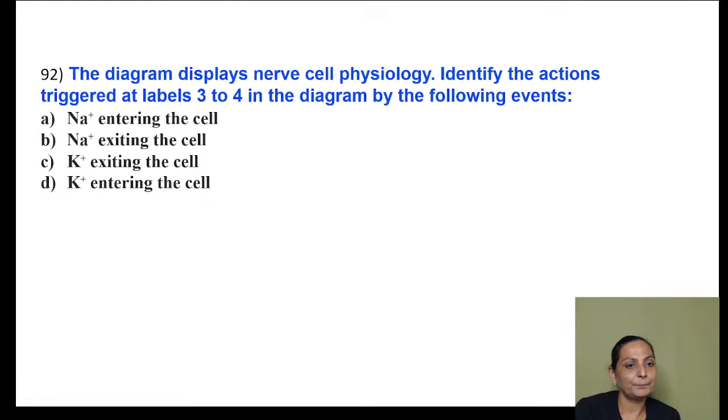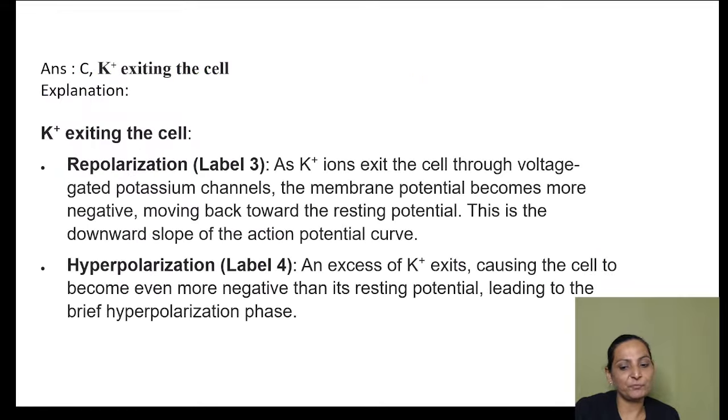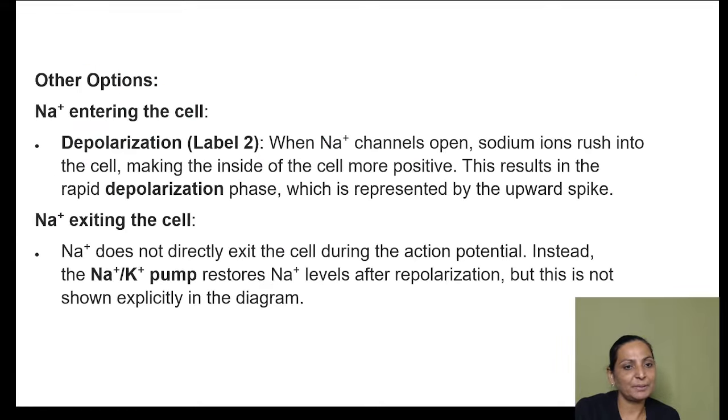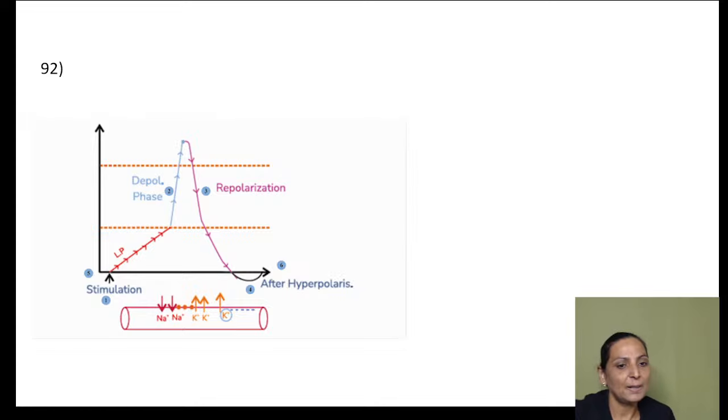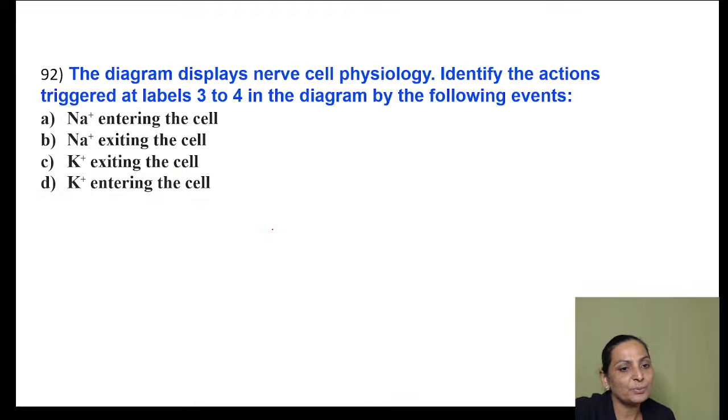Now, the diagram displays nerve cell physiology. Identify the events from 3 to 4. From 3 to 4, we already know that it is repolarization. That is going to be because of potassium efflux, that is potassium exiting.